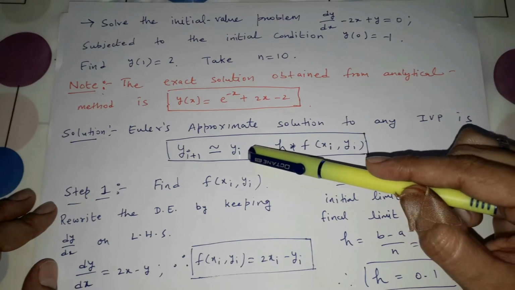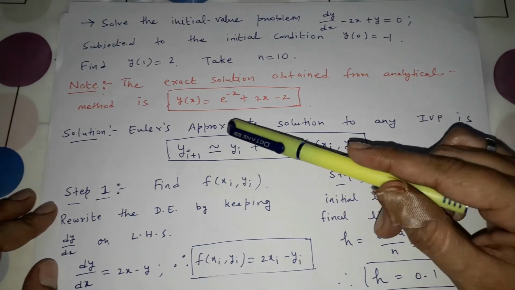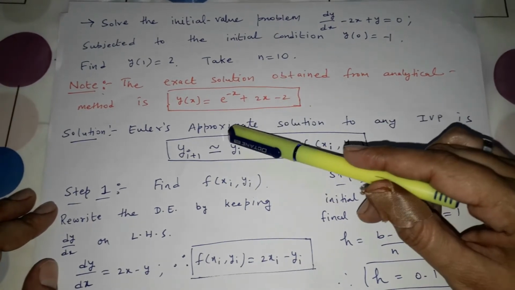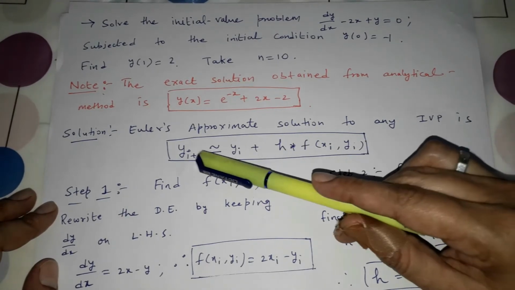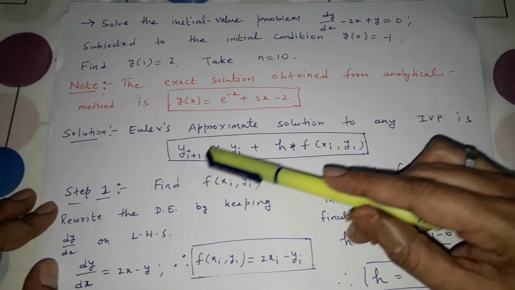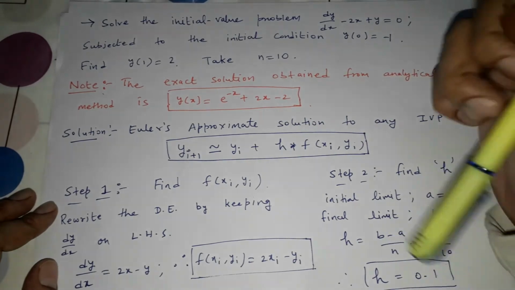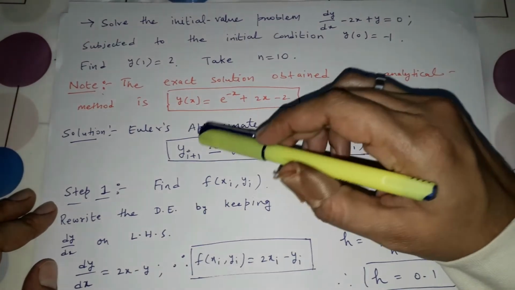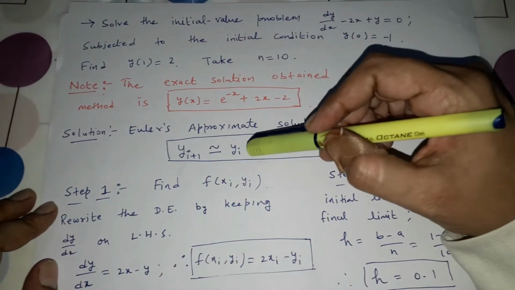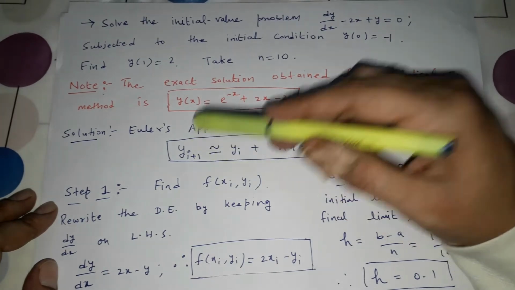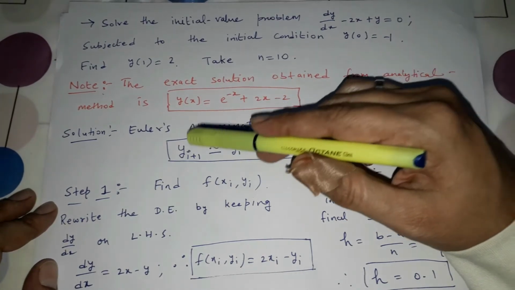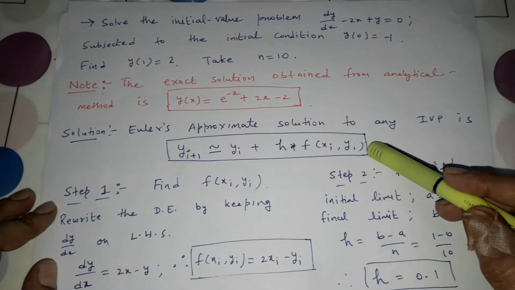If I take the node as yi plus 1, it is the one step forward node. So using the previous node, we will find the next node. The concept is very simple. If I know y0, I can find y1. If I know y1, I can find y2. If I know y2, I can find y3. So this is the formula.